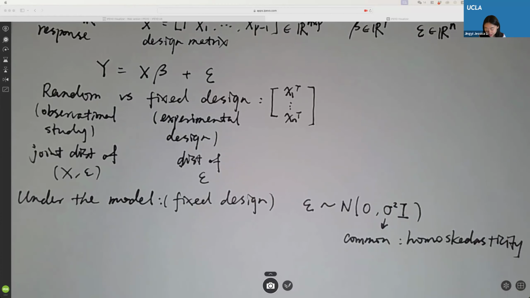We also need that the columns of X are linearly independent. So this independence is not the probabilistic independence, but the linear algebra independence. What this means is that there's no column in X that can be written as a linear combination of other columns. Otherwise, you will have the column rank of X less than p, and as a result, the rank of X transpose X will be less than p.